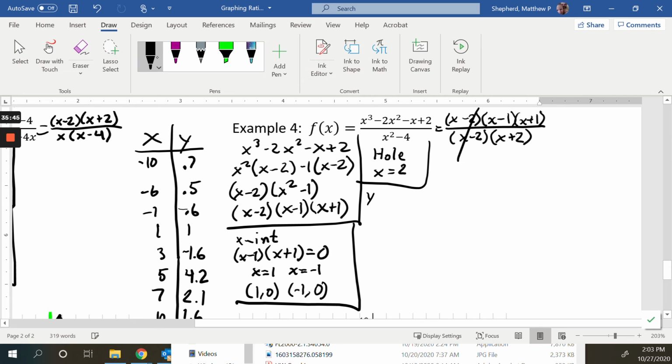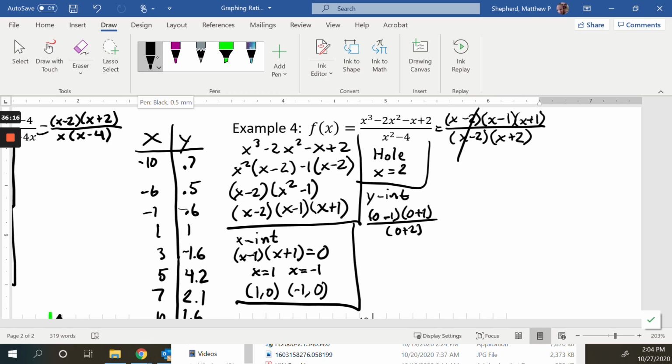Next, let's move on to the y-intercept. So the y-intercept is going to be when all of those x's are then turned into zeros. So let's just look at that. 0 minus 1, 0 plus 1, all over 0 plus 2.